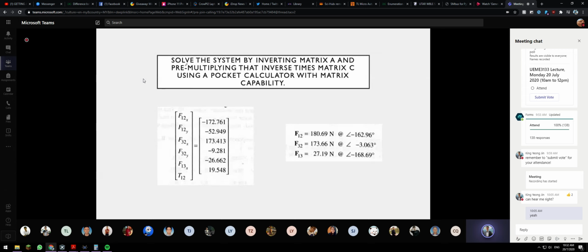If you have a calculator with matrix capability, you can key in and calculate all these 6 variables. You can also solve the 6 equations simultaneously by hand, but I don't require you to do it for this class.